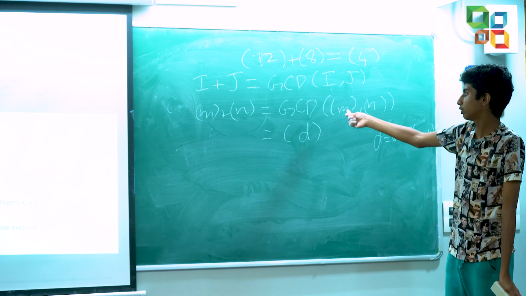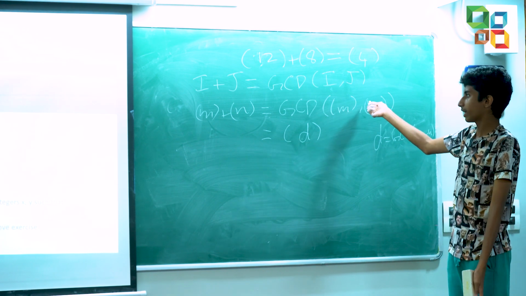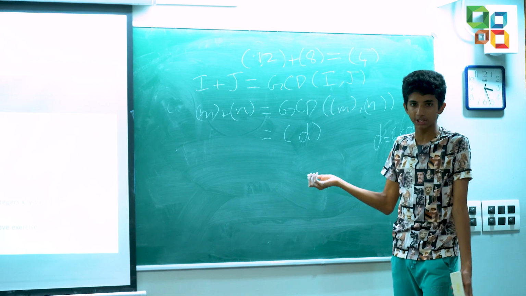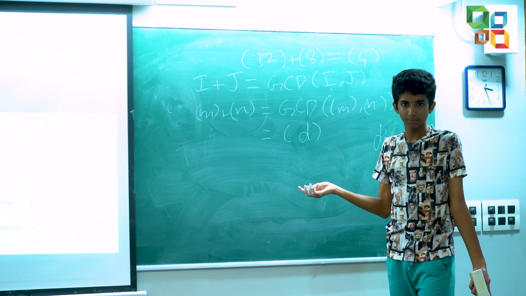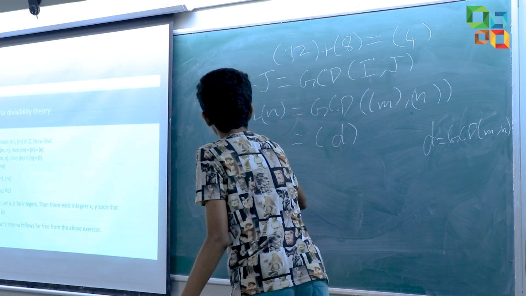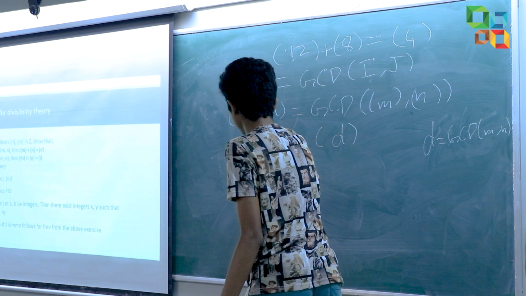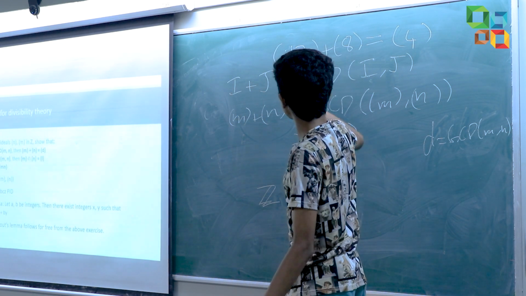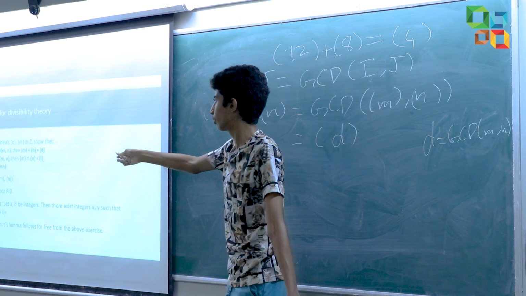So first we will argue that the GCD of M and N should be generated by one number itself. It should be a principal ideal. Why? Because Z is a principal ideal domain. Z, the integers, only has principal ideals. That's what we are trying to show over here.